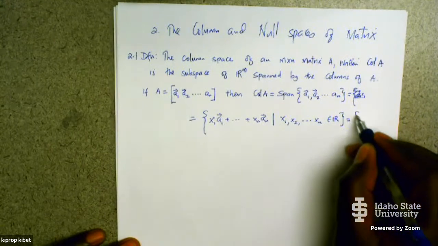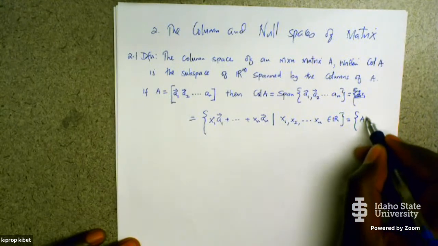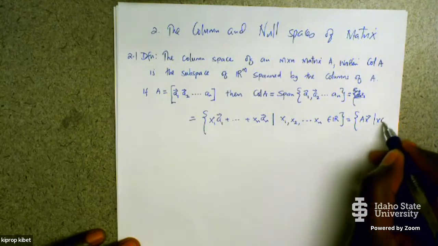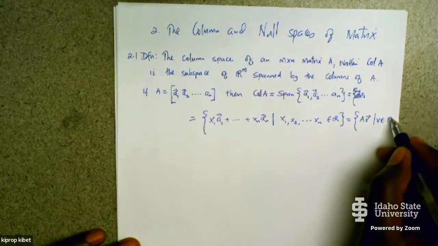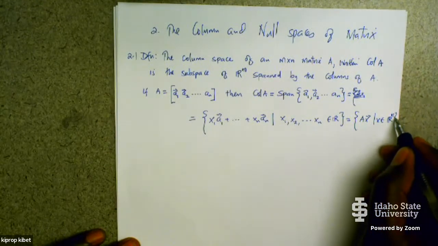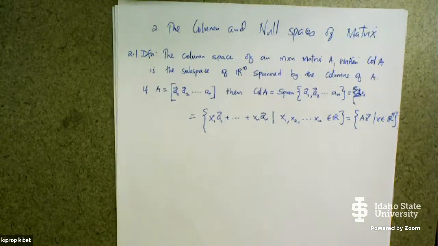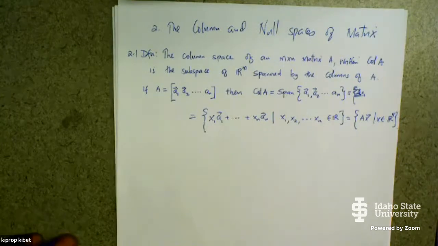And this is the same as Ax, where x is an element of R^n. So the column space of A is actually the subspace of R^m which is spanned by the columns of A.